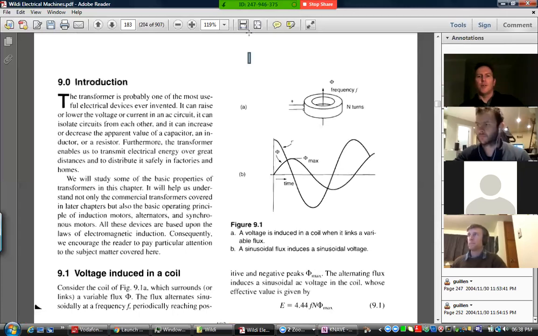Sorry, I can't draw on there, of course. That d flux by dt is a change, and that will induce a voltage. So basically the flux is peaking over there while the voltage is reaching zero. And likewise, when the flux is zero, then the voltage is the max, because when the flux is zero, that's where it's going through its steepest rate of change.